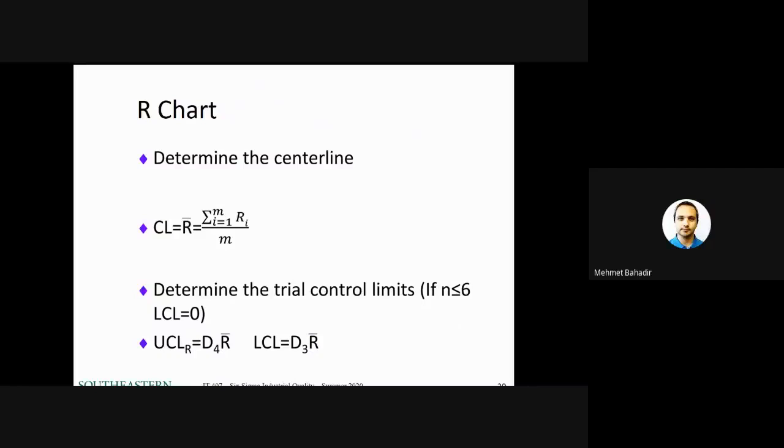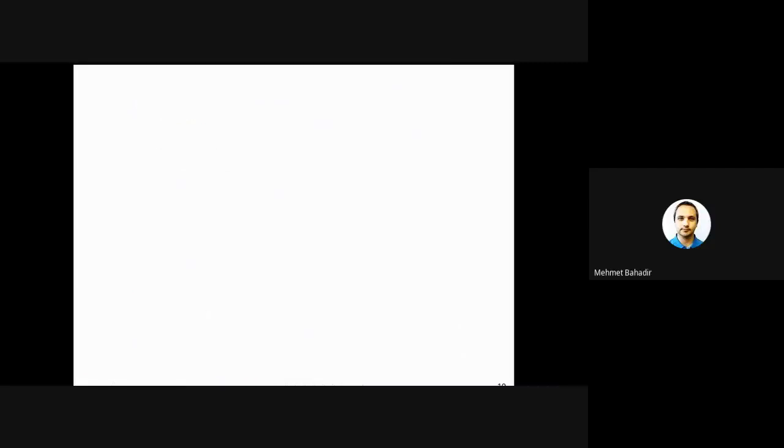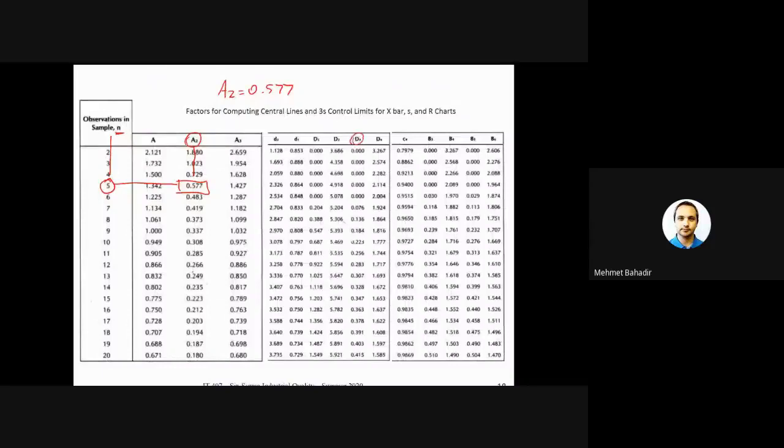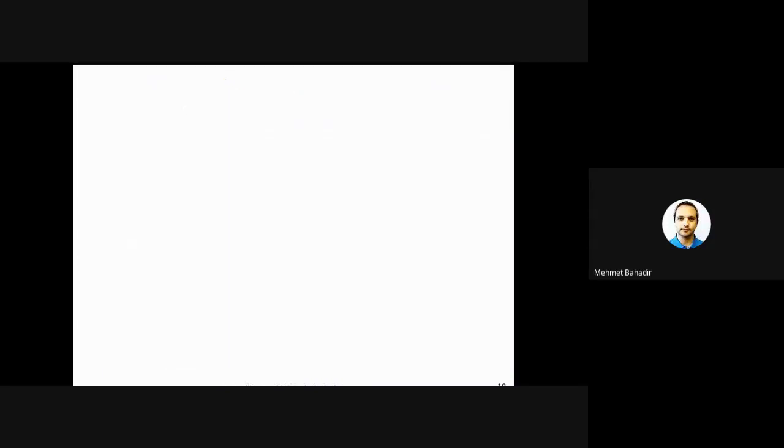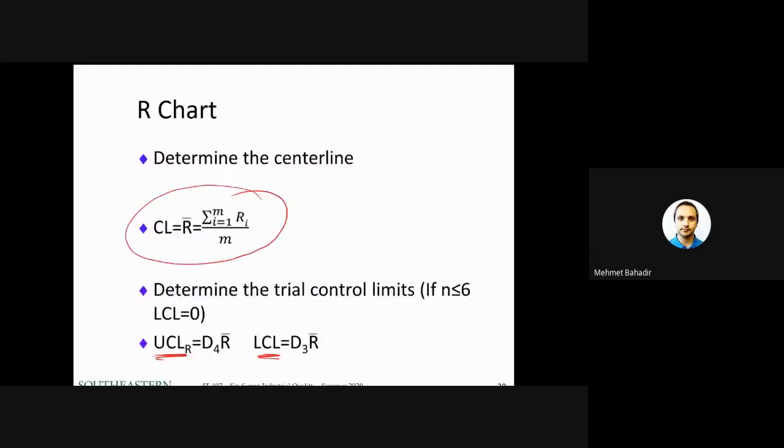And for this one, we have again a center line, which is basically the average of all the ranges. And we have upper control limit and lower control limit, which are D4 times R bar and D3 times R bar. Again, these D4 and D3 values are going to come from our factors chart. And R bar values. We already calculated R bar values.